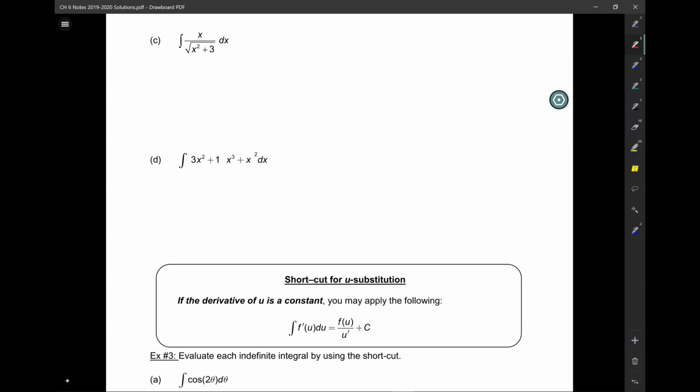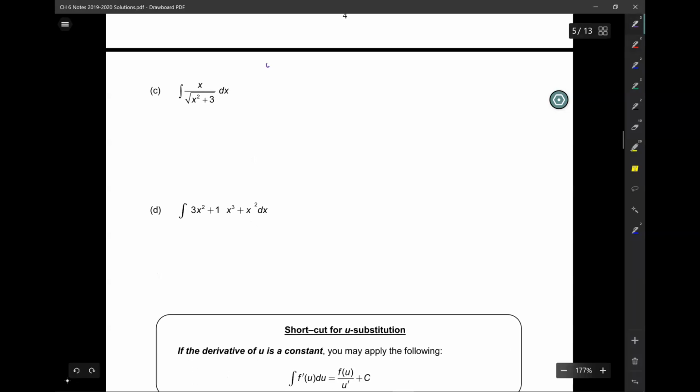Okay. What about this one? What do you think for the u? x squared plus 3. So du is 2x dx. Okay. So now, what do I have here?